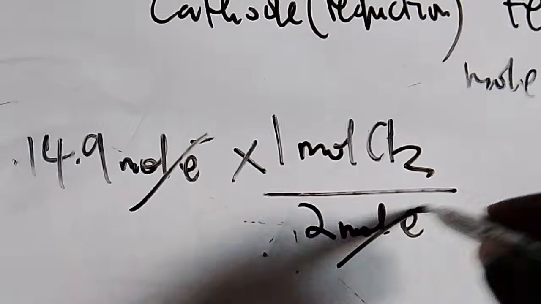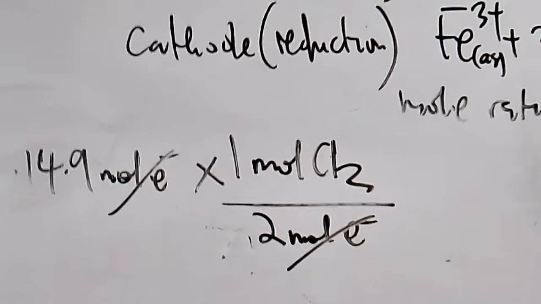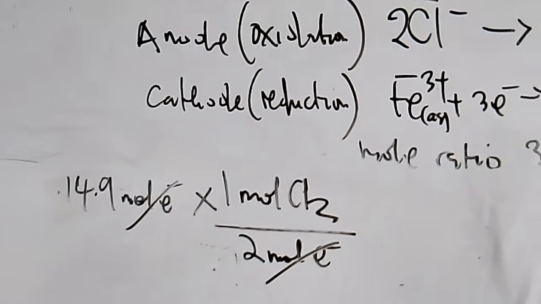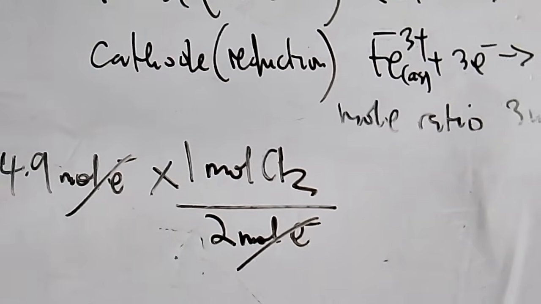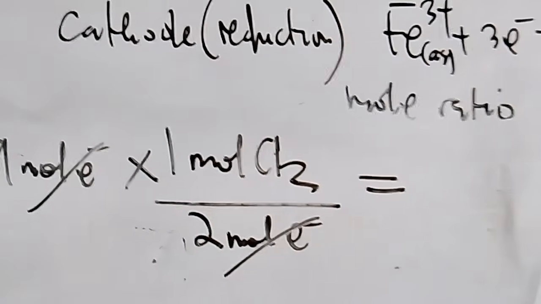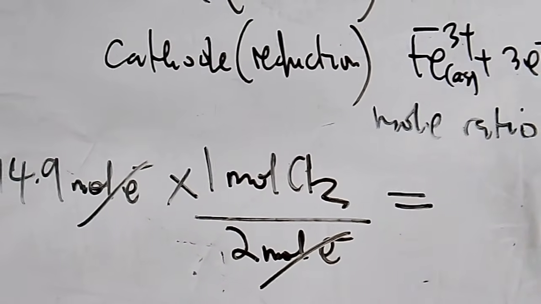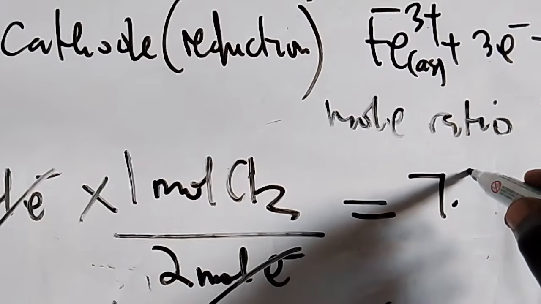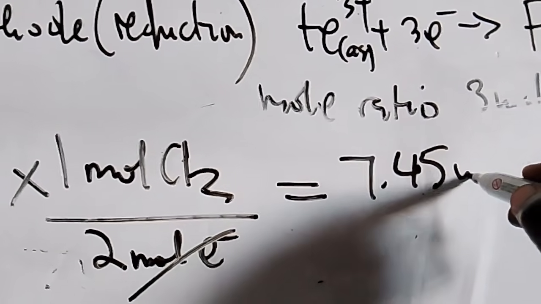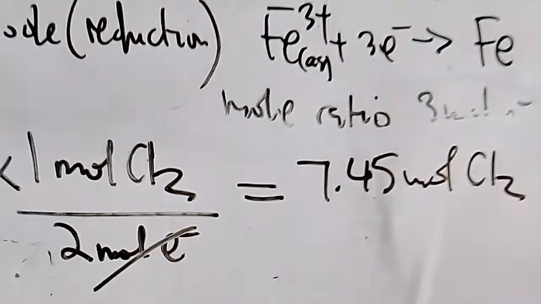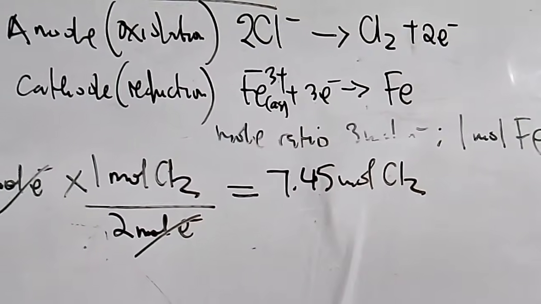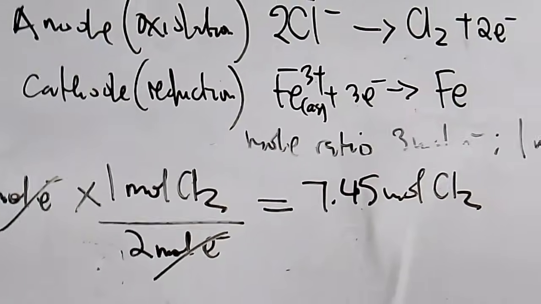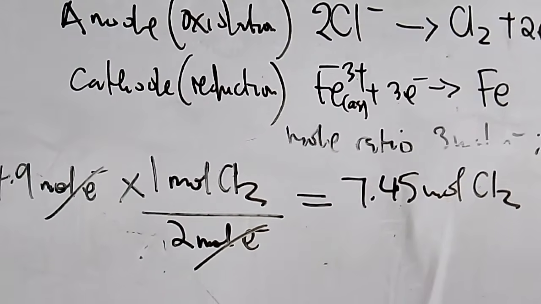So you cancel the moles of electrons, then multiply and divide by 2. So we are going to get 7.45 moles of chlorine.